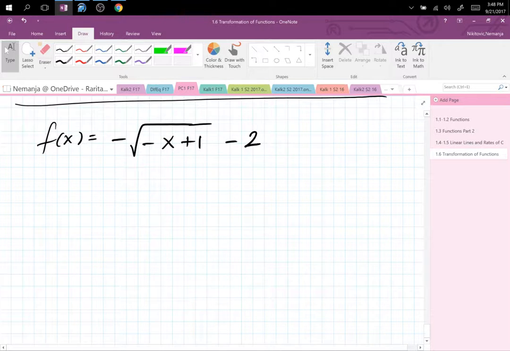How many transformations do we have? 4 transformations. Very good. What are those transformations? This is me actually asking someone to tell me something wrong. What are the transformations?